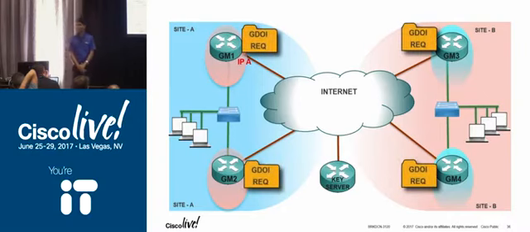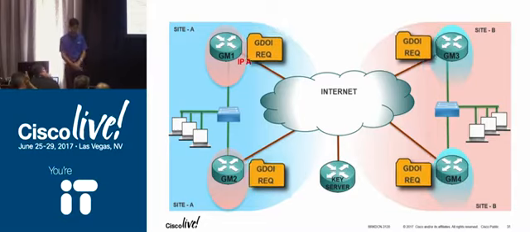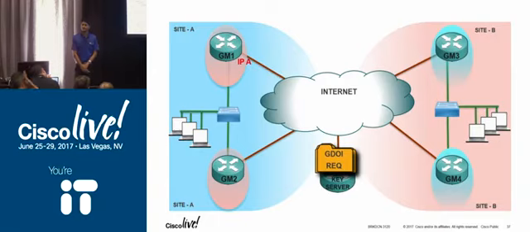A GDOI request packet is created on the group members, and that is sent across towards the key server. If we talk about the underlying behavior, what exactly happens, what are these messages that are getting exchanged? Based on these messages, I just put a high-end overview of this.